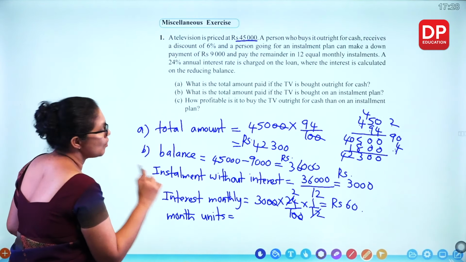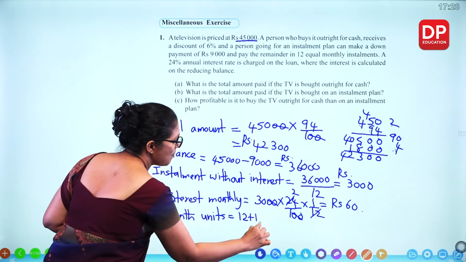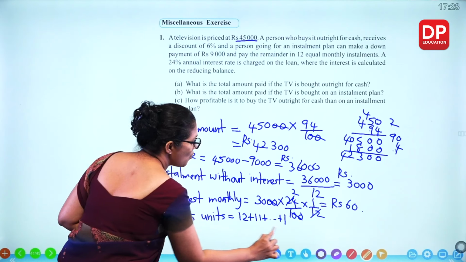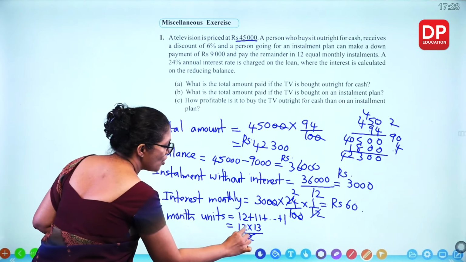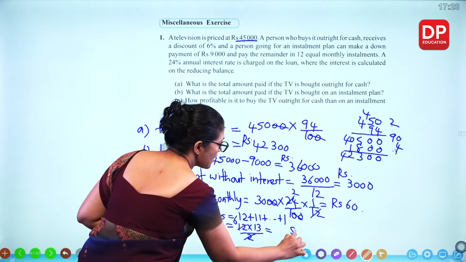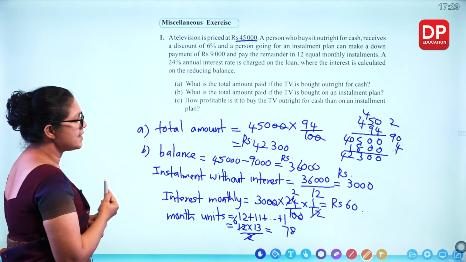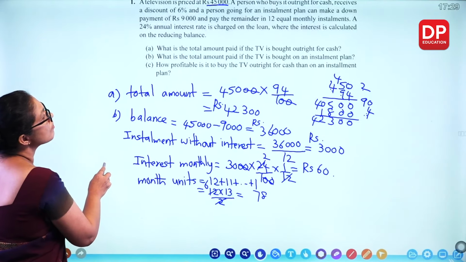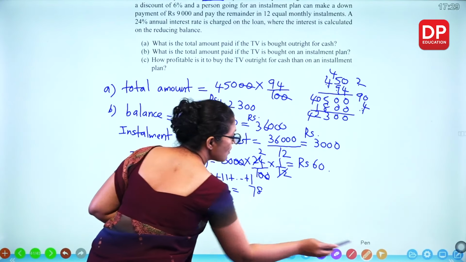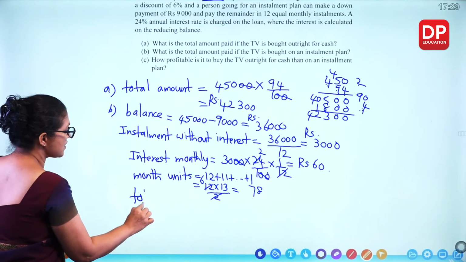So 12 equal months means 12 plus 11 plus up to 1, that's 12 times 13, divide by 2, you get 78 month units. So what's the total interest?